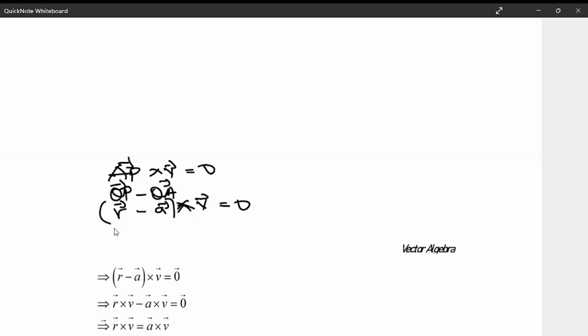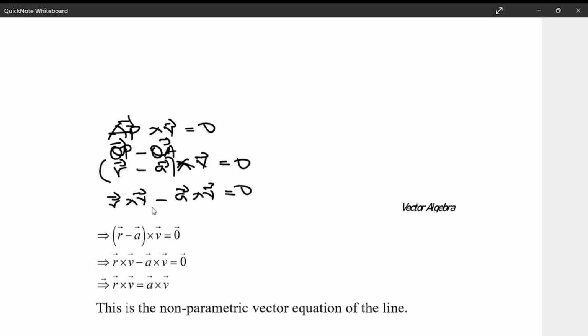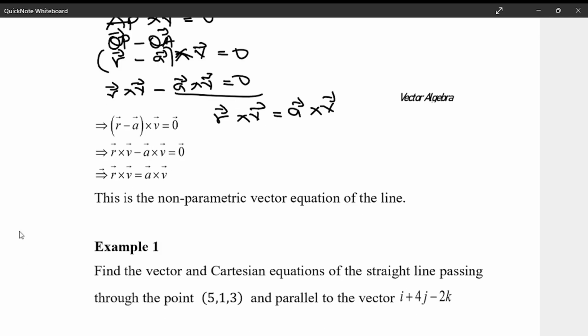So when we multiply through by v, we are going to have r times v minus a times v equal to 0. If we bring this one here, we have r times v is equal to a times v. This is the non-parametric vector equation of the line.